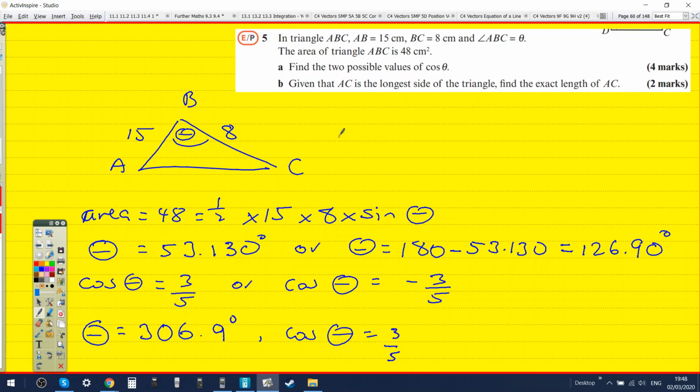How would you find the length of AC? Cos rule. Yeah, I think you'd be fine for that. And the cos of theta is just 3/5 or minus 3/5, and they'll both give you the same thing, 53.130 degrees. That's why it could be plus or minus, because they'll both give you the positive one. Any questions there? No. Okay.